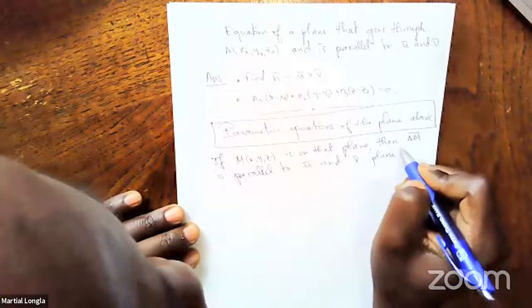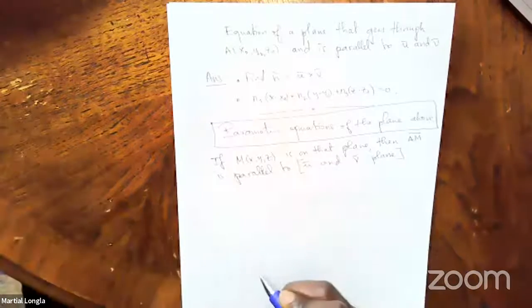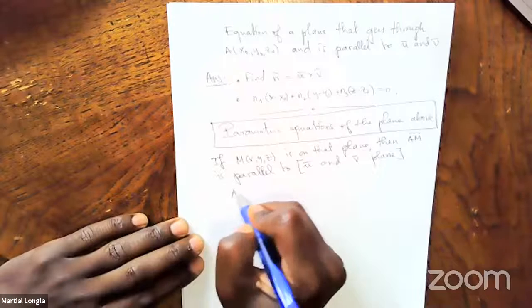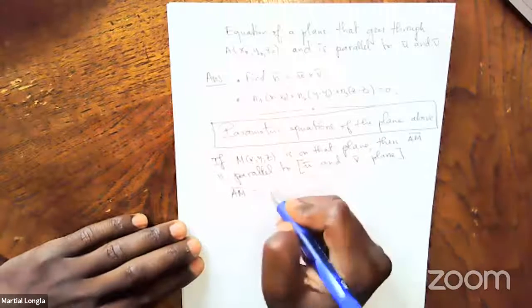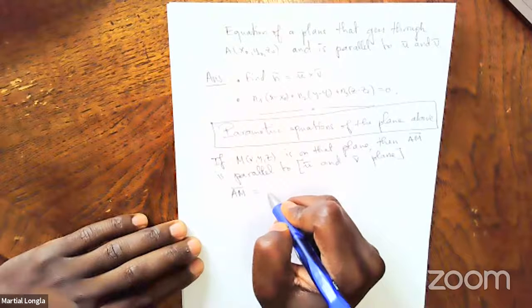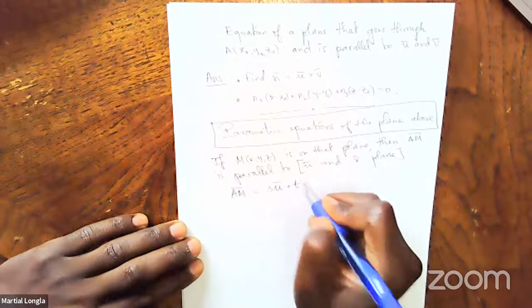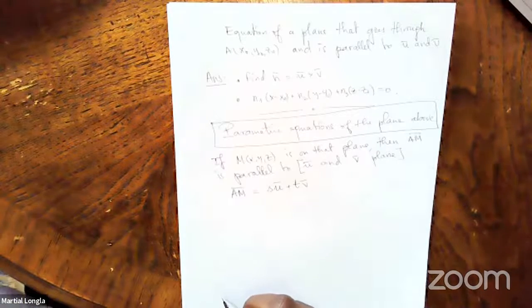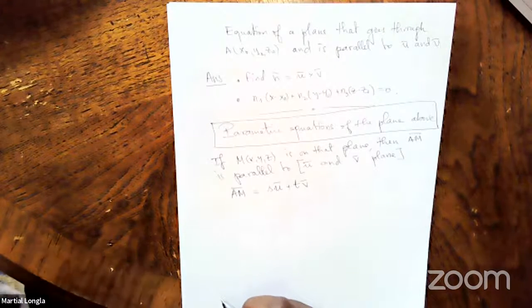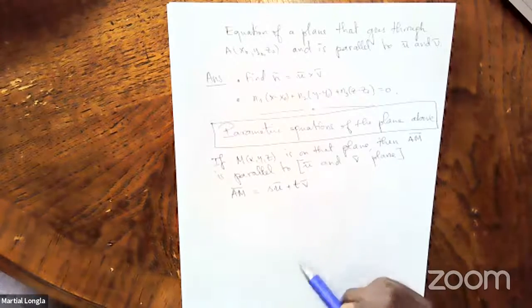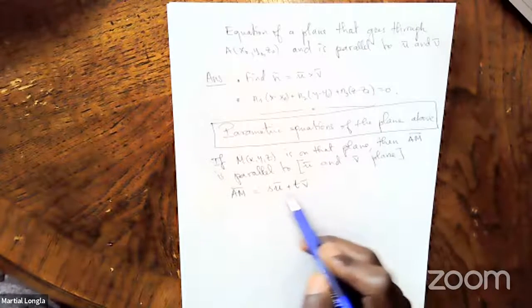So that vector is parallel to the plane that goes through u and v. And that would mean that AM is some constant s times u plus another constant t times v. This is what it means that the vector AM is parallel to the plane formed by u and v. So it's a linear combination of the two vectors.